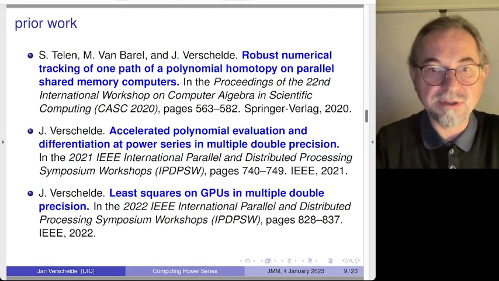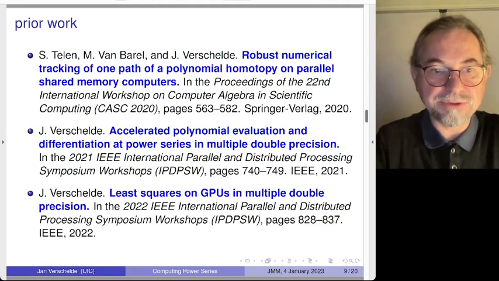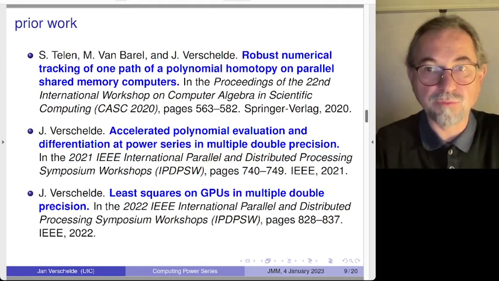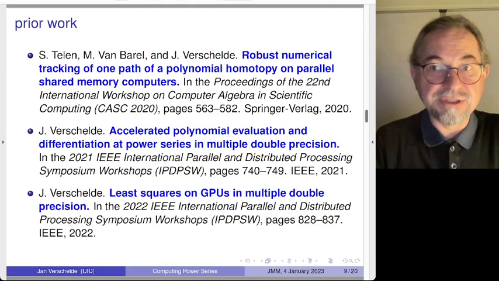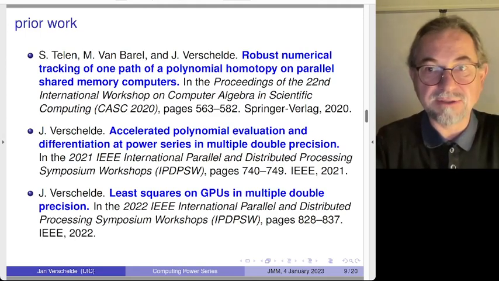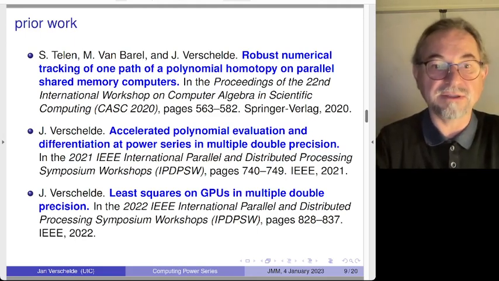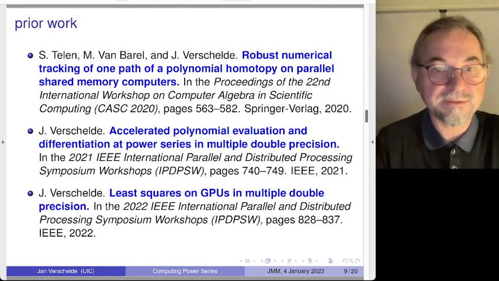So this has been described in 2 other papers. Most of the GPU work appears in IEEE publications. That certainly doesn't mean that it is not mathematically interesting. Far from it.